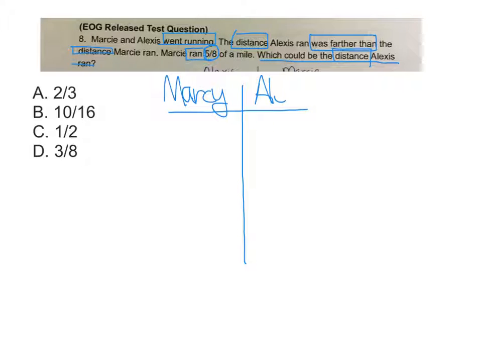So I'm going to make myself a little T-chart. You'll kind of understand why I made this T-chart in just a minute. We know that Marcy and Alexis went running, and we know that Alexis ran farther than Marcy.